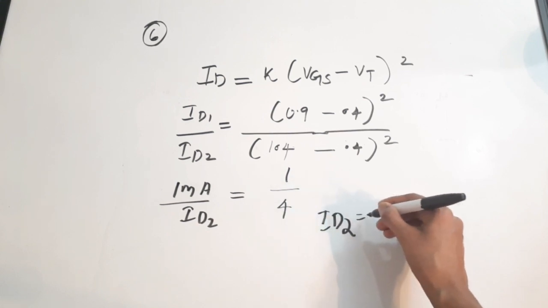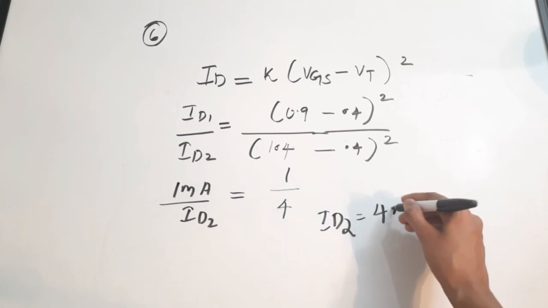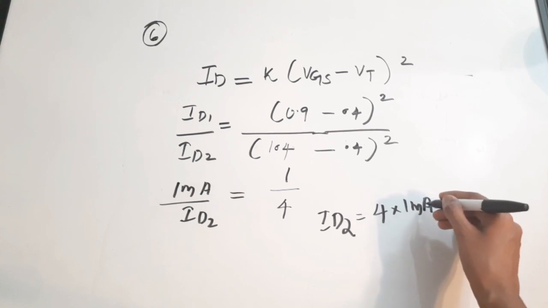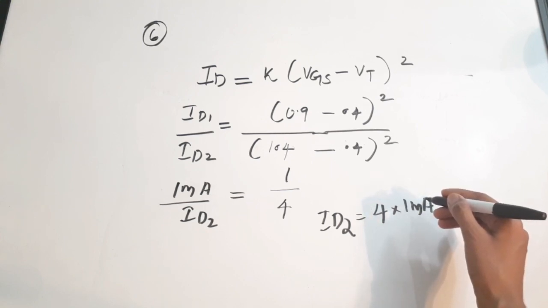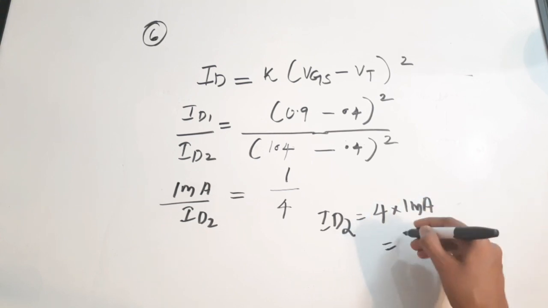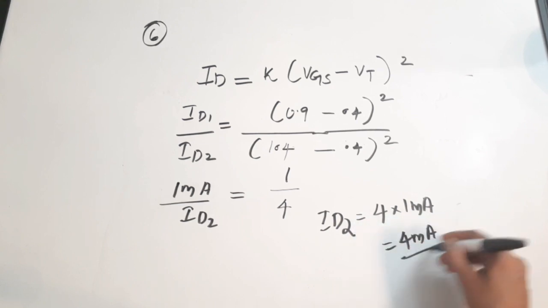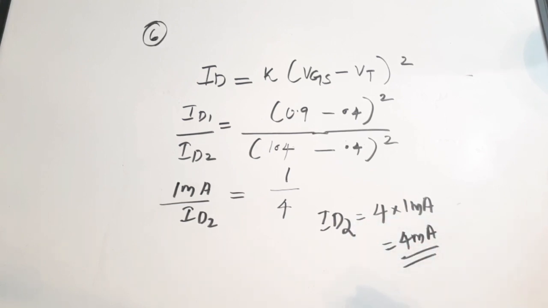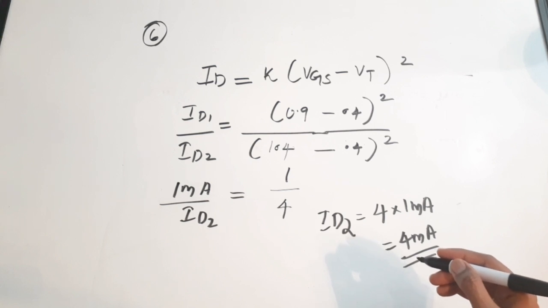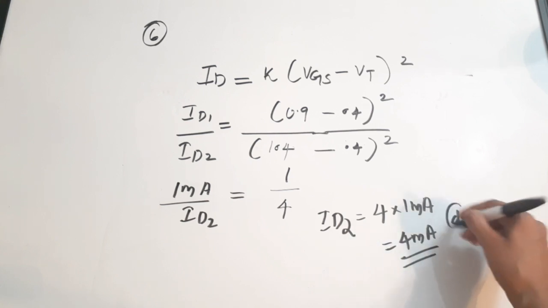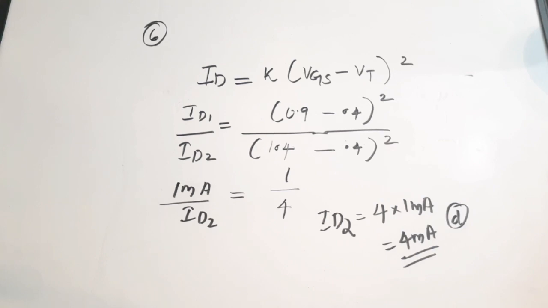ID2 is equal to 4 into 1 milliampere, which is 4 milliampere. From the options, D is the correct answer, which is 4.0 milliampere.